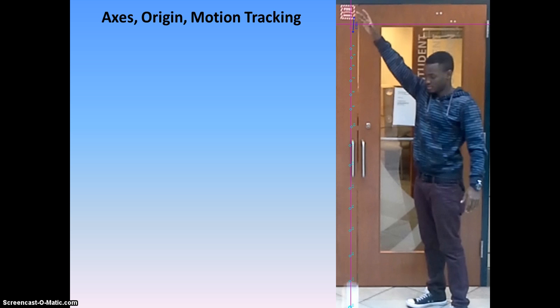Looking at our axes, our origin, and our motion tracking software Tracker, note that right here we have our origin point. We're going to be using a standard XY coordinate system with the negative Y direction pointed this way, and the positive Y direction pointed this way.